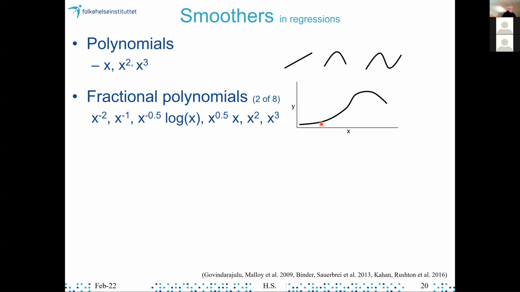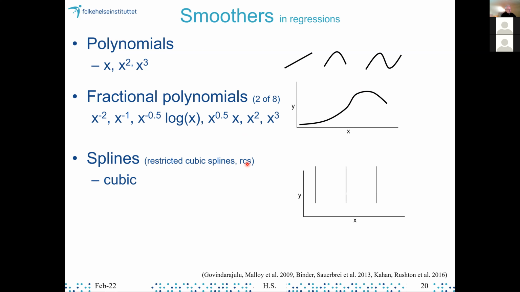And finally, the method that I prefer, splines, in the version of so-called restricted cubic splines, RCS. Here we start by dividing up our exposure area in segments. And these segments or these divisions are called knots. And between the knots, we will estimate a third order function or a cubic polynomial that fits the data well in this area.